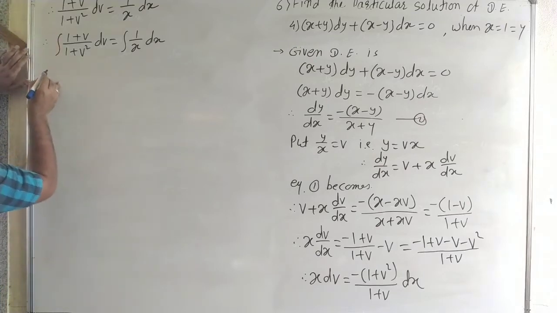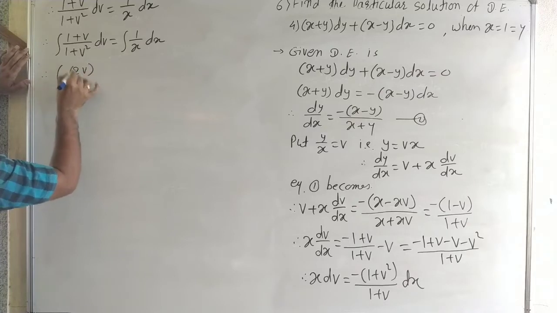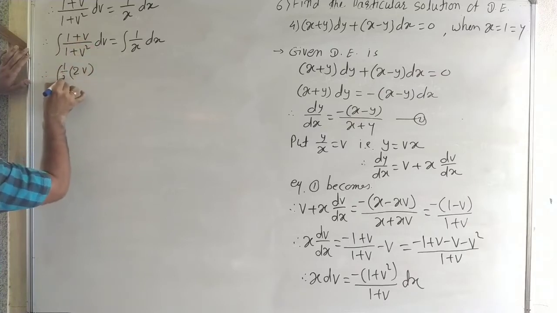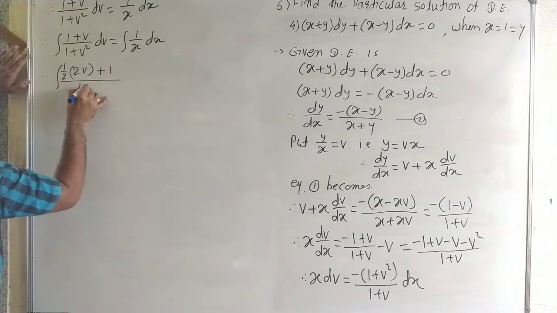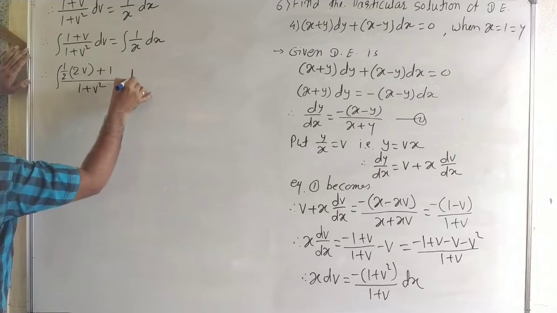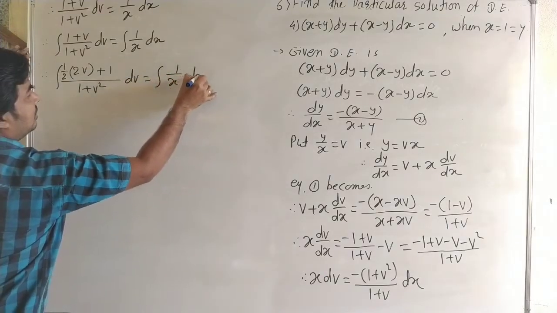We adjust 2v in the numerator. See carefully. Here we can write 2v, but originally here only v, therefore we can write 1 by 2 and plus 1 upon 1 plus v square dv is equal to integral of 1 by x dx.